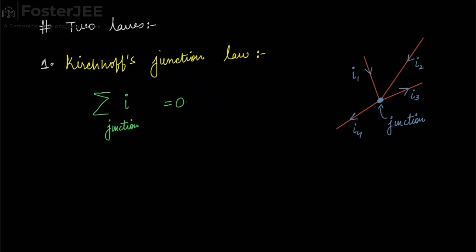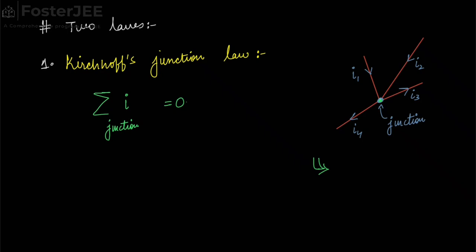which is even logical, because what is current? Current is basically the rate of change of charge. So if the net current, that is incoming current, is not equal to outgoing current, then it means that the junction will store some charge, which is not the property of a conductor. Hence, for this example, let's apply the Kirchhoff junction law here.